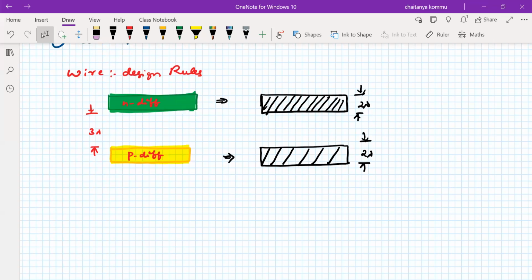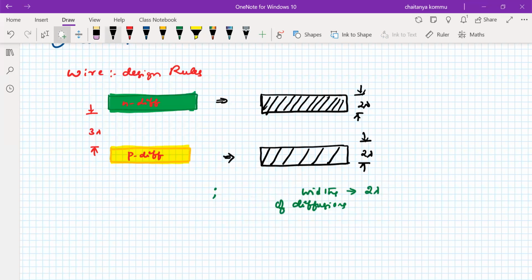So therefore, I can write one point here. The width of diffusions must be 2 lambda, right?